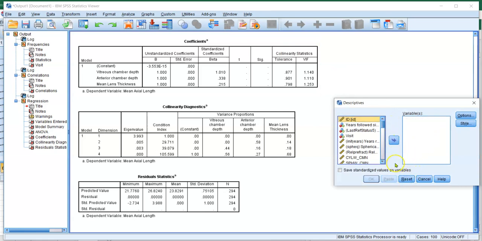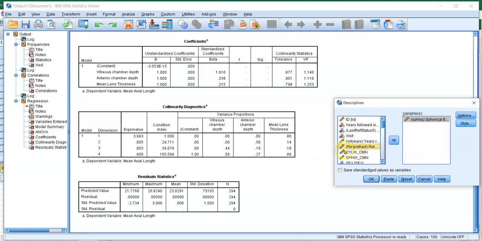We're going to start with spherical equivalence, which is right here.